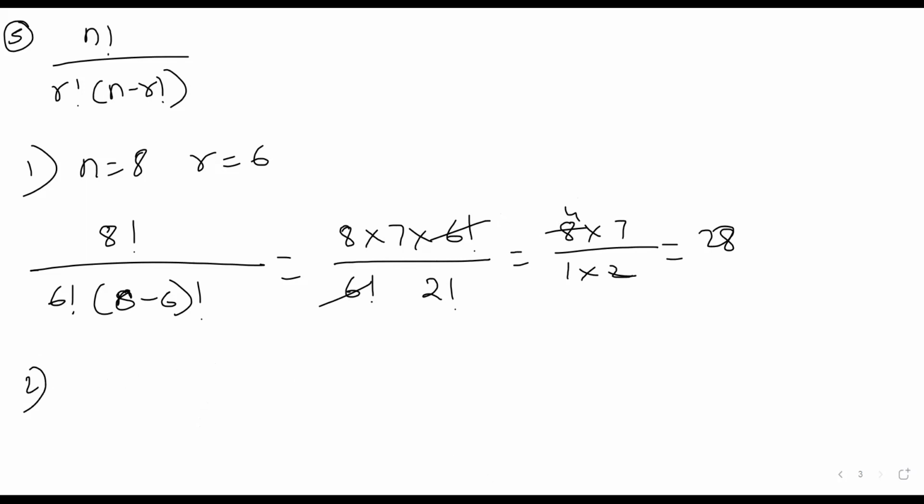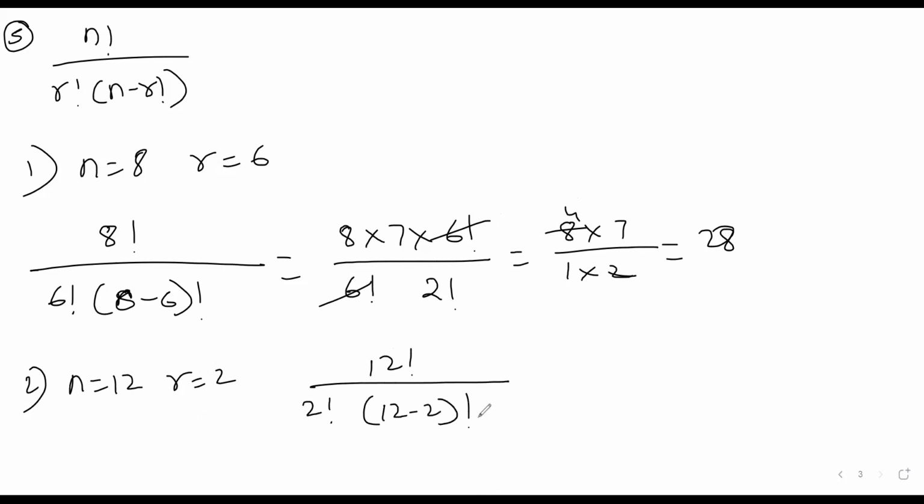Second is n is 12, r is 2. It will be 12 factorial upon 2 factorial, 12 minus 2 factorial. I can write 12 into 11 into 10 factorial upon 2 factorial, and 12 minus 2 is 10 factorial. This and this will get cancelled.